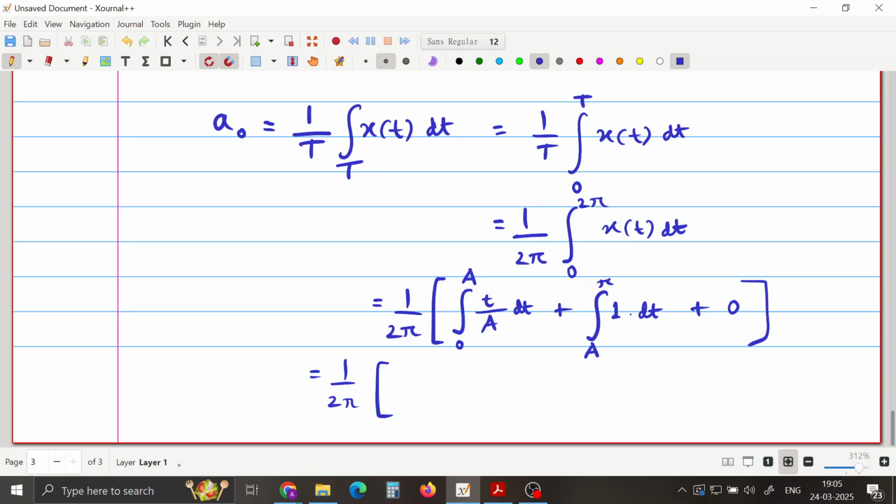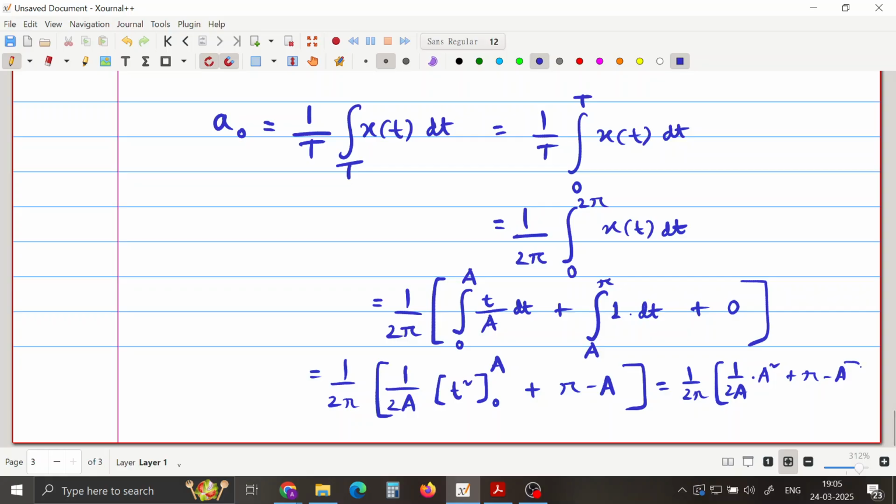This first integral will evaluate to t squared by 2 into capital A. So 1 by 2 into capital A can be pulled outside, and you have t squared with the limits 0 to capital A. And similarly, this one will give you pi minus capital A. So this is 1 by 2 pi into 1 by 2a into a square minus 0, so this is a square plus pi minus a.